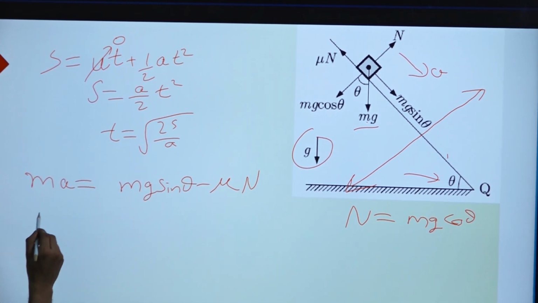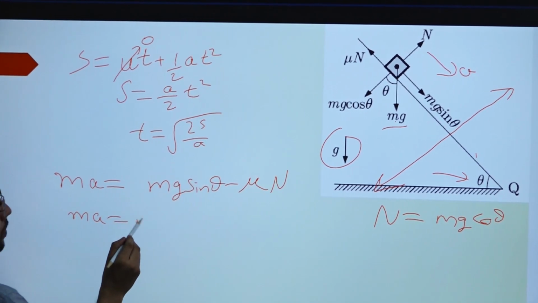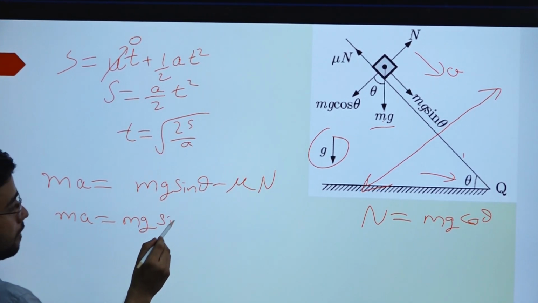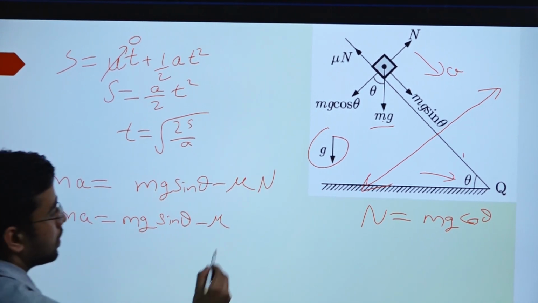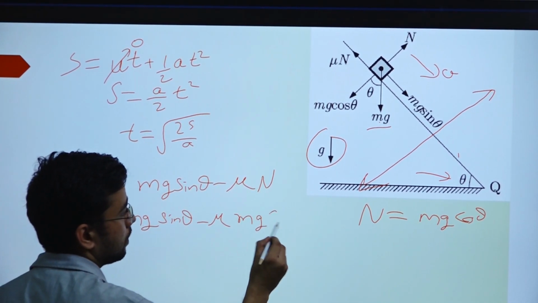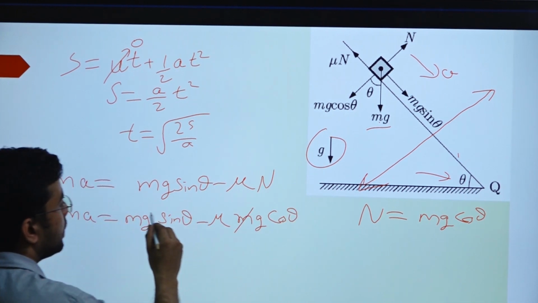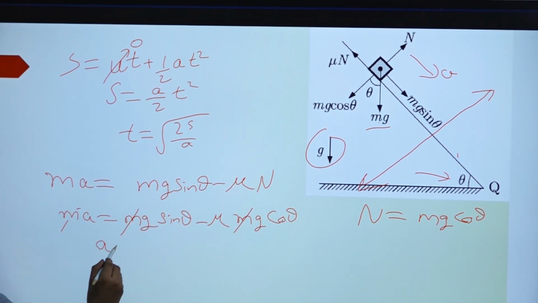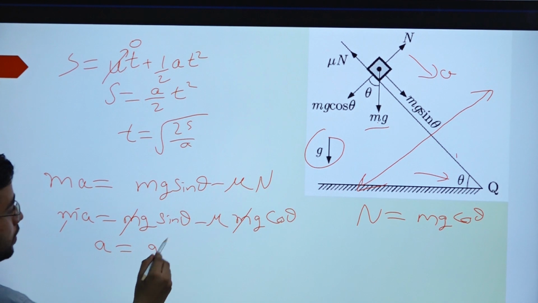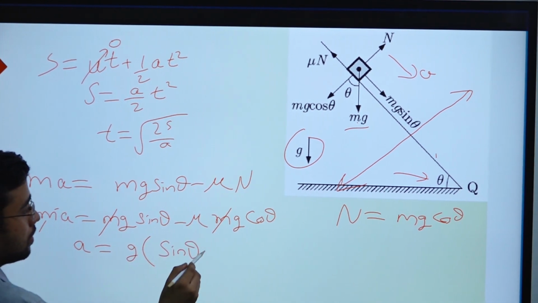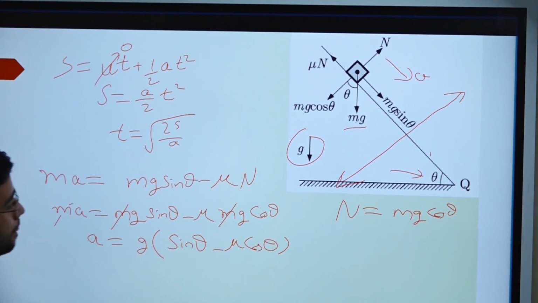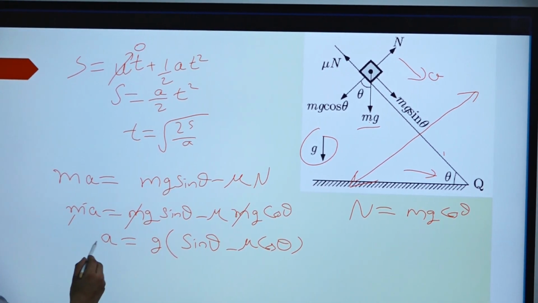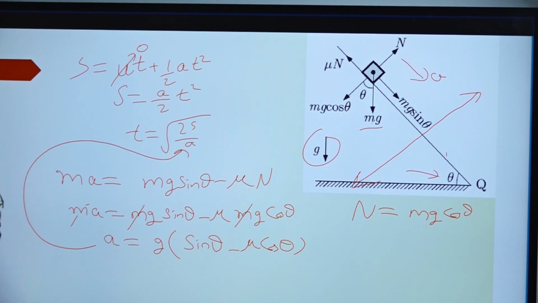So ma is equal to mg sin theta minus mu N, where N is mg cos theta. M will be cut down, you will get a as g common, sin theta minus mu cos theta, right? So now you have to just put this a value here and you will get the answer.